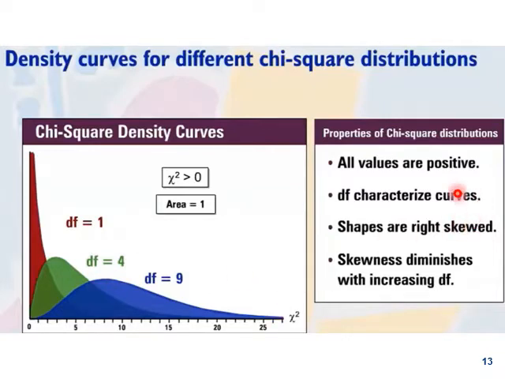So the properties of the distribution are, first, all values are positive. DF, the degrees of freedom, characterizes the shape of the curve, and the shapes are right skewed. Mostly we see right-skewed curves, and the skewness diminishes with increasing DF.